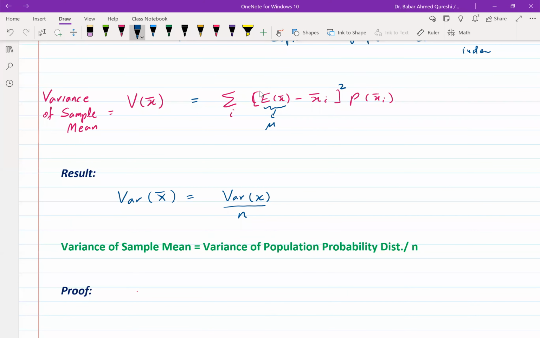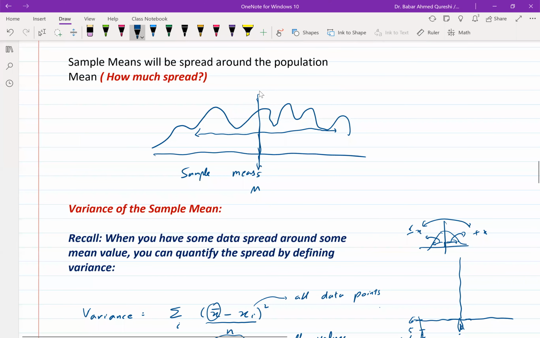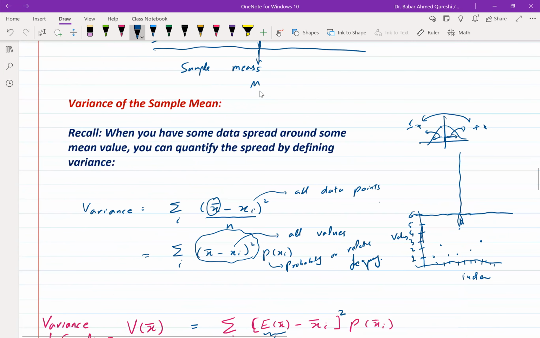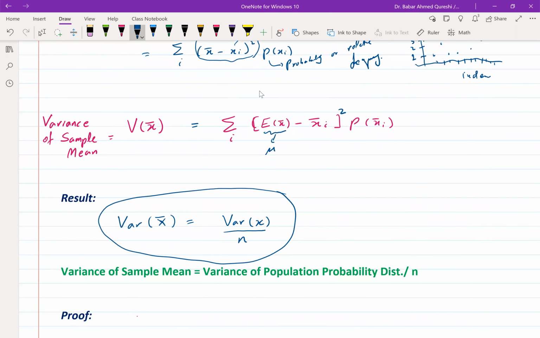If I take this formula, I can again prove it. I'll probably leave the proof till the end, or maybe put it only in notes, not do it in the lecture, because probably it will bore people out. But you can prove very easily, not too difficult, that if I compute the variance of the sample mean, so this spread, some idea about this spread, what is the average spread around the central value, according to this formula, then it will come out to be whatever the variance of the original population probability density is, divided by n.